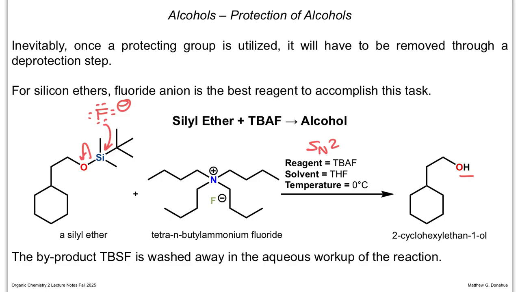So two things we learned today about protecting. A carbonyl group can be protected as a hydrate because we're maintaining the functional group equivalency. And then an alcohol can be protected as an ether.